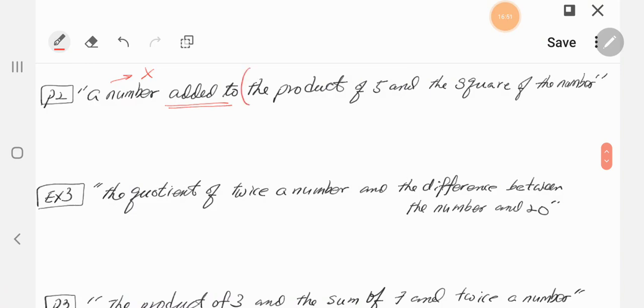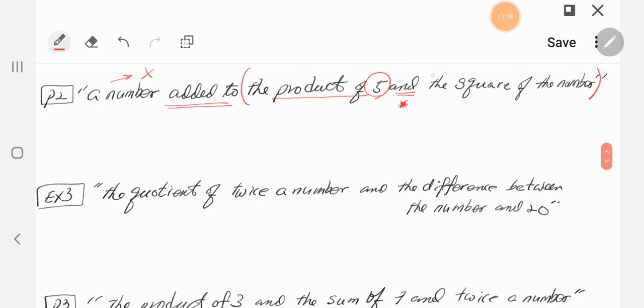So always write down the second expression first and then add it to x. So x is added to this one. So write down the second expression. The second expression is the product of, and product means multiply. So we must have an "and". The first part and the second part. So this "and" is a product, right?